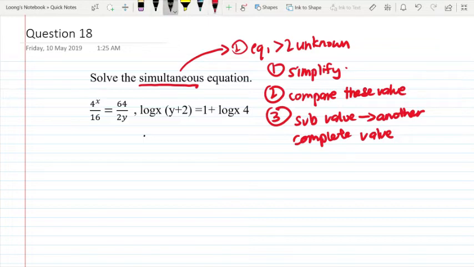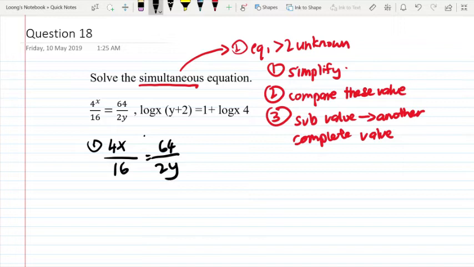To start off, here we just copy what they gave us. For 16, 64 and 2 are actually all bases of 2, so we just change them all to bases of 2.